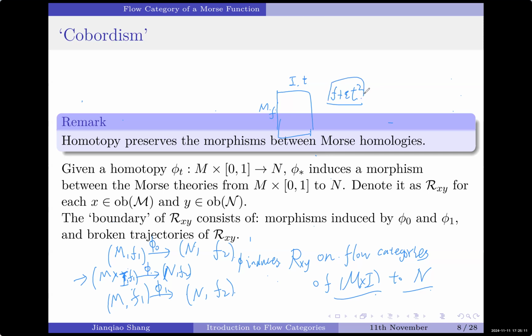The critical points of this functional on M times I are the same as the critical points of the Morse functional on M. And so the x in Rxy can be considered as a critical point in M. Moreover, after this perturbation, you may imagine your gradient flows as something like this.